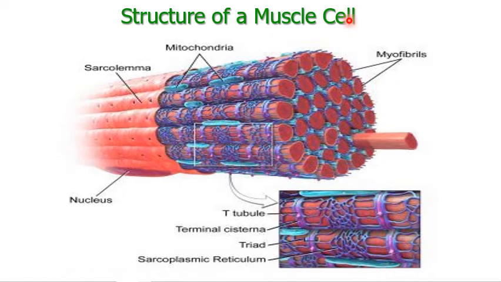Another thing: a sarcomere is made up of thick and thin filaments, as we saw in the earlier slide, that is myosin and actin filaments. They give the strand the stability to move here and there. The contraction, everything, happens with the help of these actin and myosin filaments.